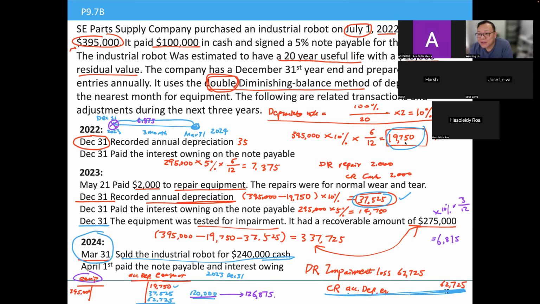How about the other students? Does this make sense? I've been trying to figure out what is the cumulative depreciation on March 31st, 2024. That's what I've been doing.